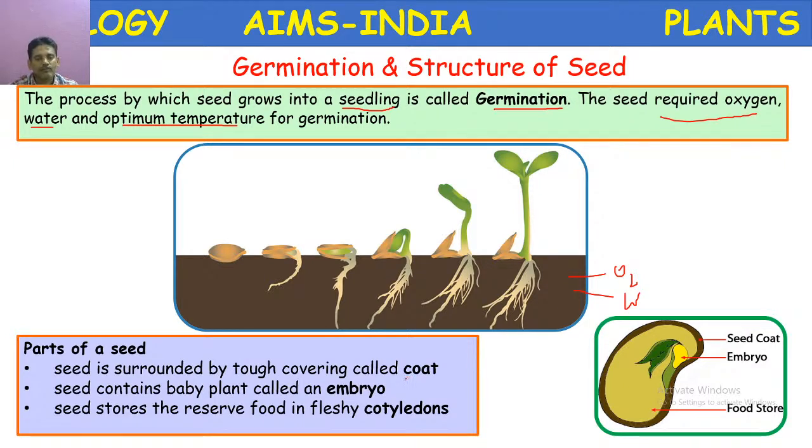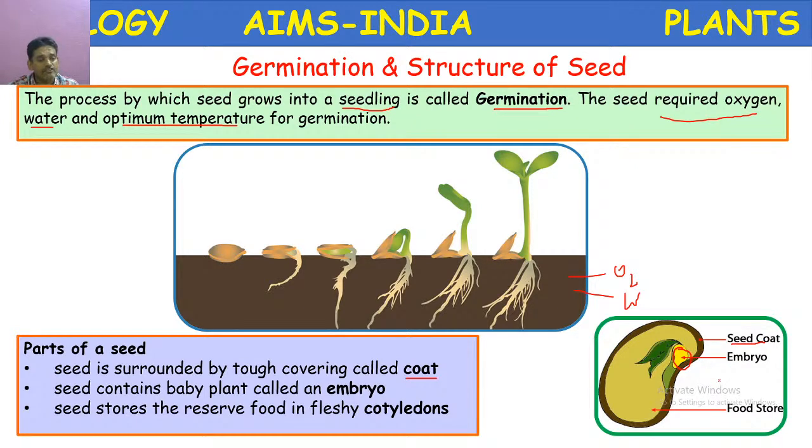After fertilization, the ovules of the flower develop into seeds. This seed consists of an outer covering called the seed coat, and internally a baby plant, as I told you, that is called the embryo. The embryo is the baby plant embedded in the seed.